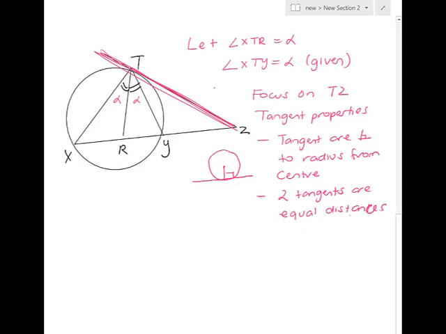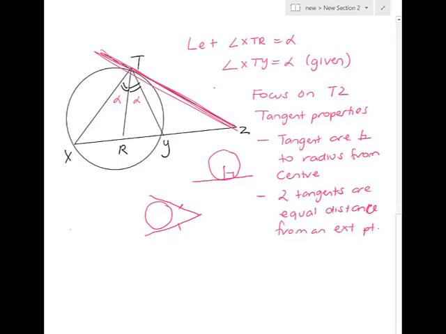That is, if I have two tangents to a circle and they meet at an external point, these two tangents are equal. This property is also not very useful to us because we don't have two tangents, we only have one tangent. This line here isn't a tangent, so I'm going to rub that out. That line here isn't a tangent. So let's look at the third property.